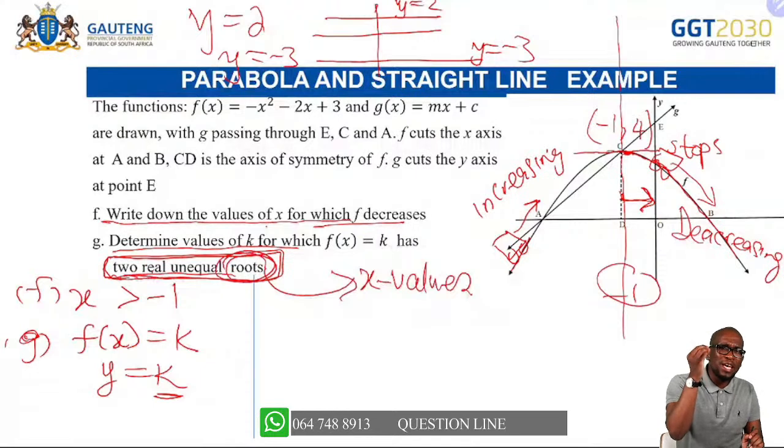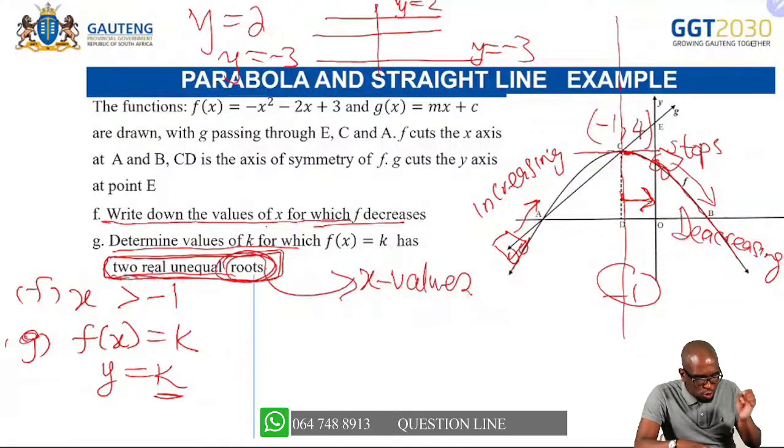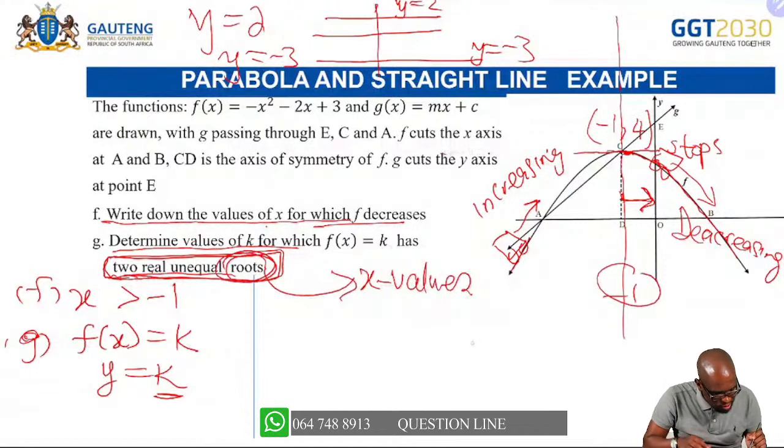So where can we subject this line so that it cuts the graph at two different points? That's what they are saying. Now I'll draw a line of interest. Let me just redraw this graph like that.